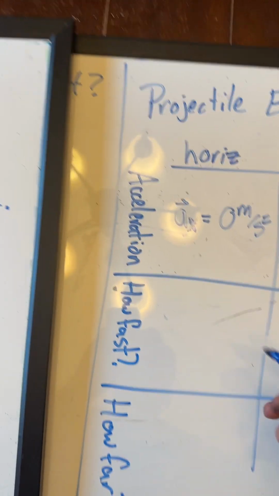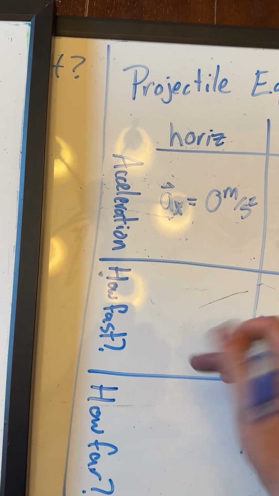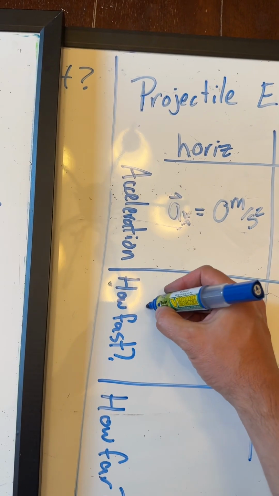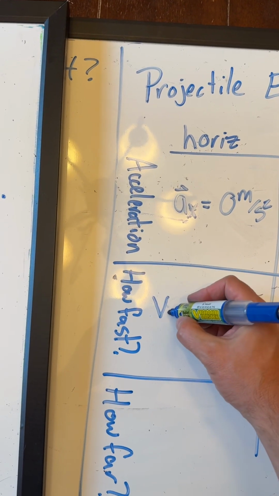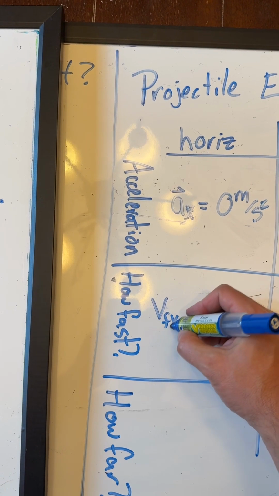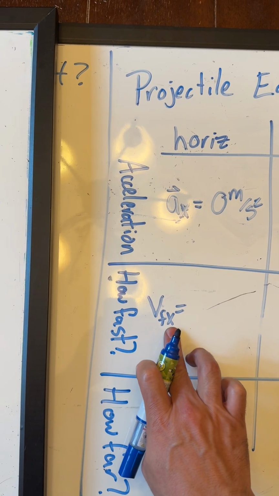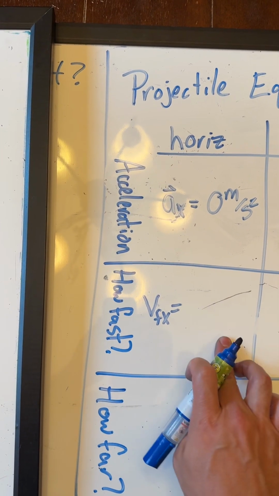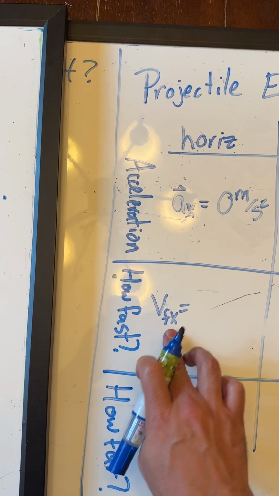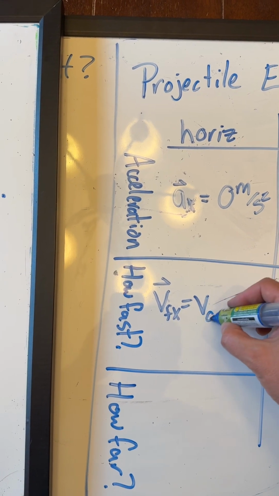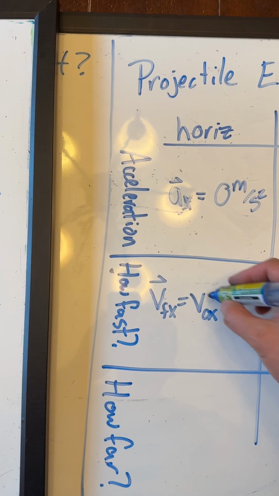When we talk about my how fast equation horizontally, I know you're writing this down as I'm doing it. Hold off on this for just a second. My final x velocity, so I'm adding an x here just to talk about going horizontally. V final x is going to be equal to my initial x velocity.